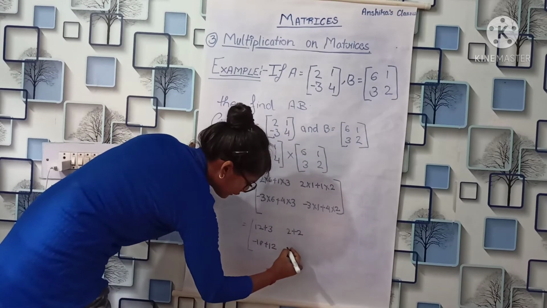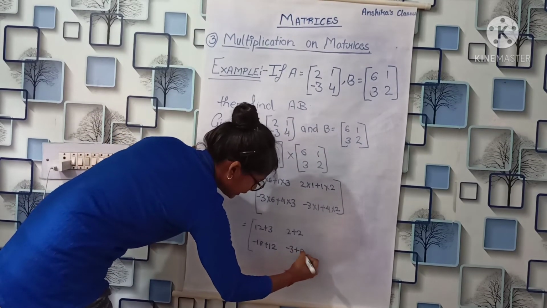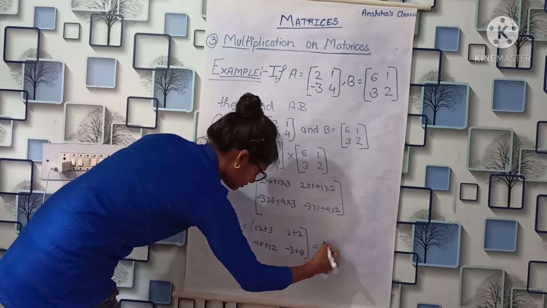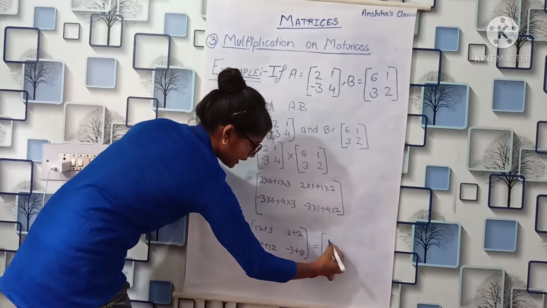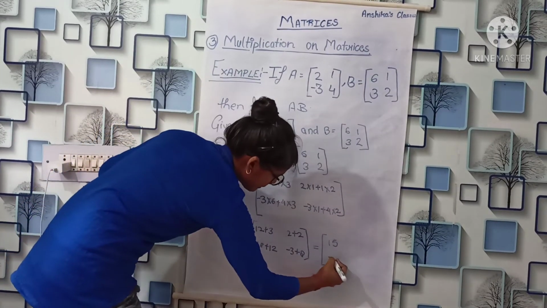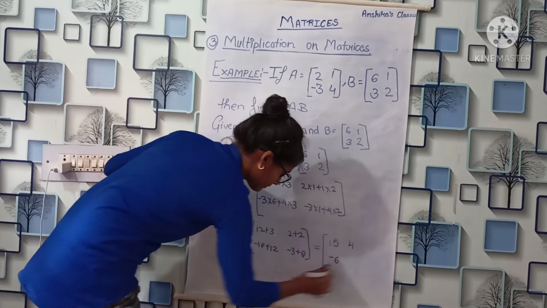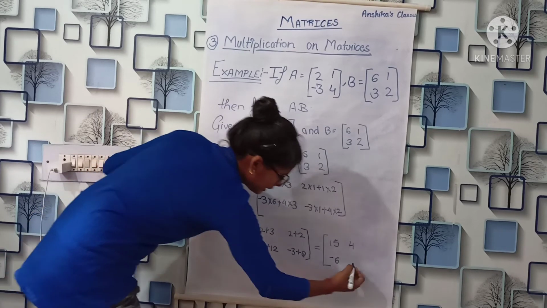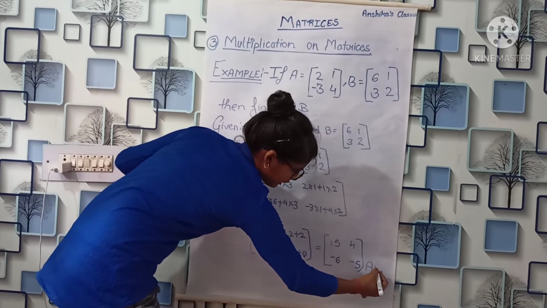Minus 3 multiply 1 is minus 3. 4 multiply 2 is 8. 12 plus 3 is 15. Minus 18 plus 12 is minus 6. 2 plus 2 is 4. Minus 3 plus 8 is 5. This is our answer.